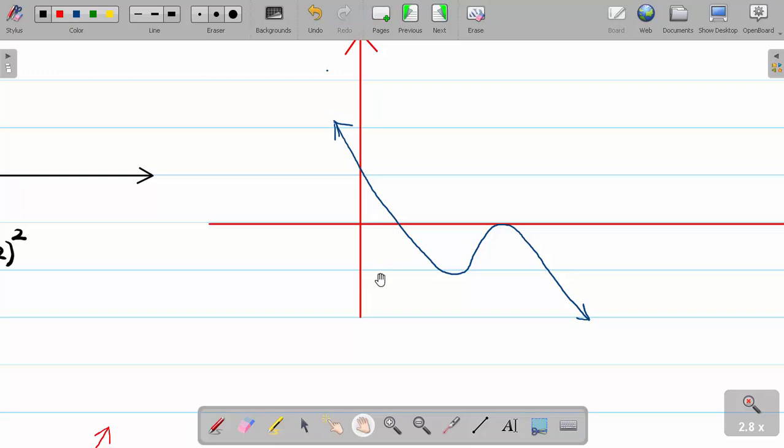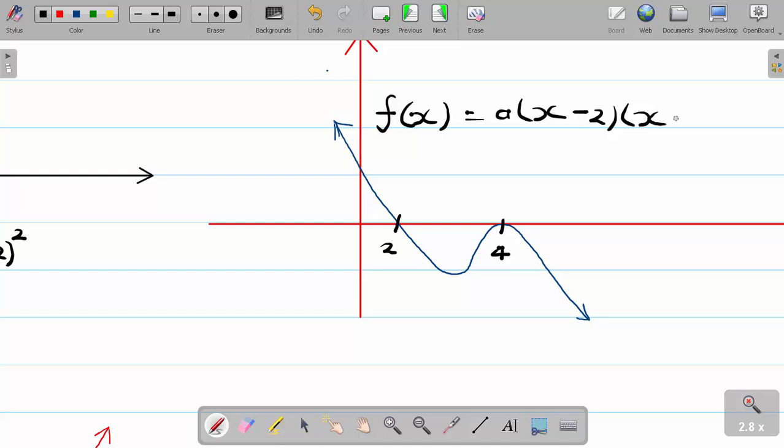For example, if this is positive 2 and here this is positive 4, then my function f of x would be equal to a into (x minus 2), and you see it is turning at 4, so (x minus 4), but it must be squared. We square it at 4 because it is turning there.